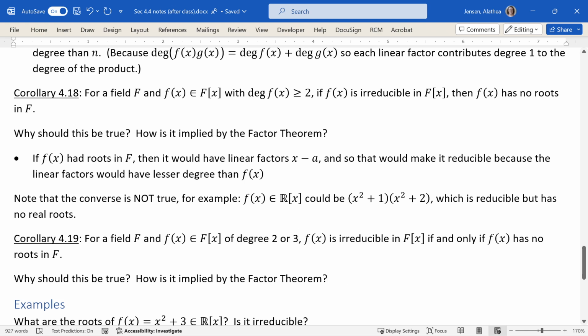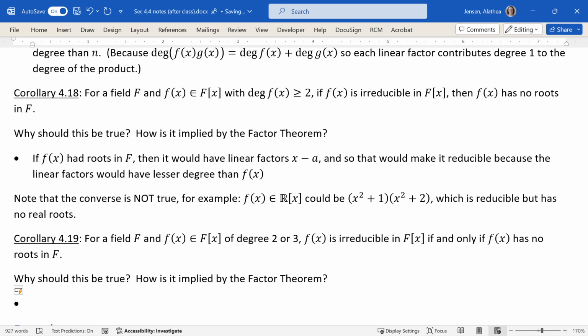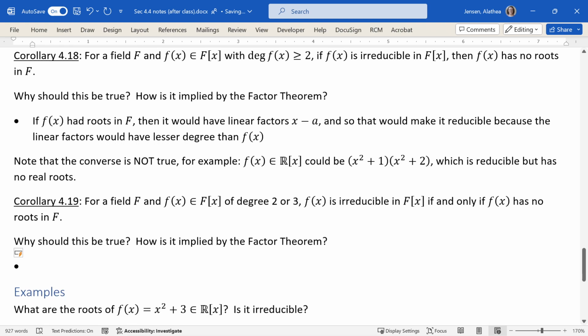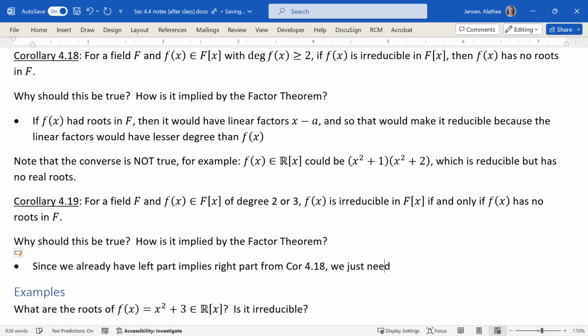And let me write this down so you guys can follow the logic a little more easily. Since we already have left part implies right part from corollary 4.18, we just need to show right part implies left part.